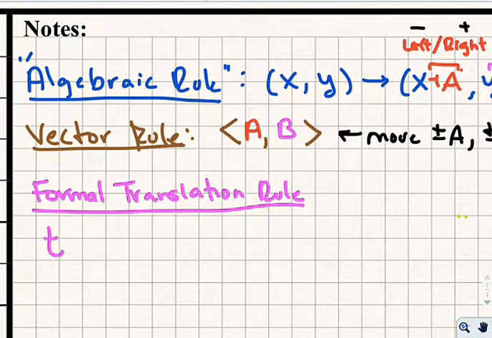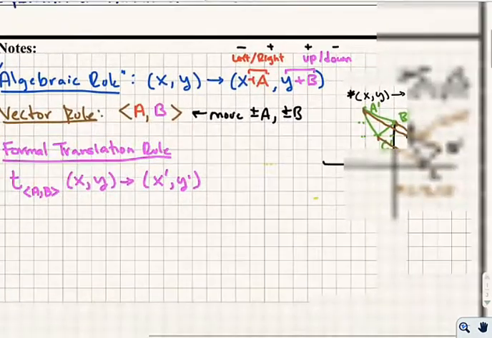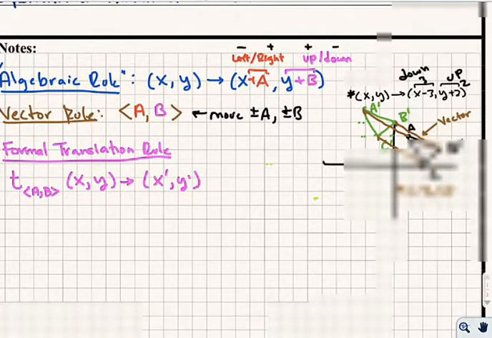We use a little t to indicate a translation. We subscript it, which means attach it small at the bottom of the t, the vector rule, and then we say that it applies to all values x, y, to our new point x prime, y prime. So this by far is the most formal version of how to show this. But it says the same thing the other thing says over here.